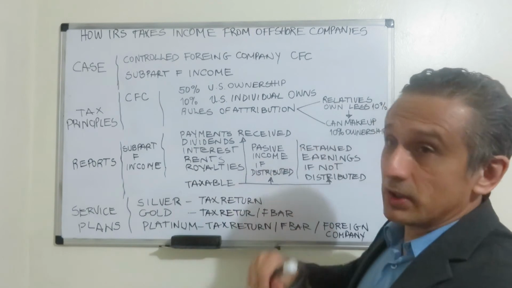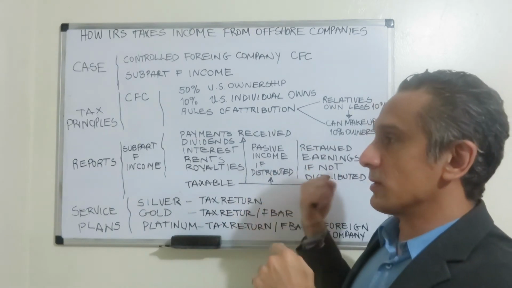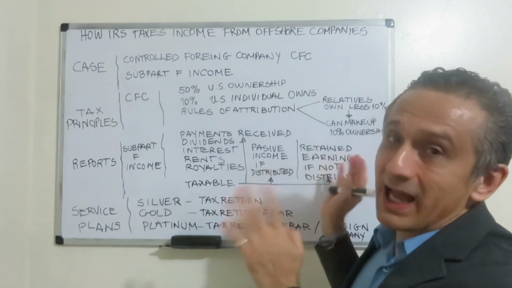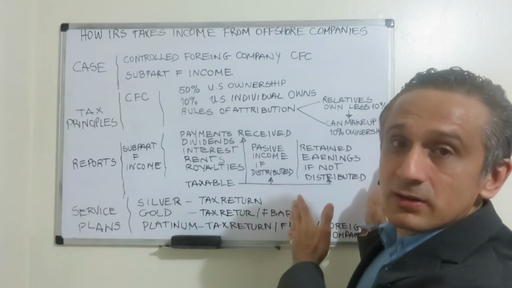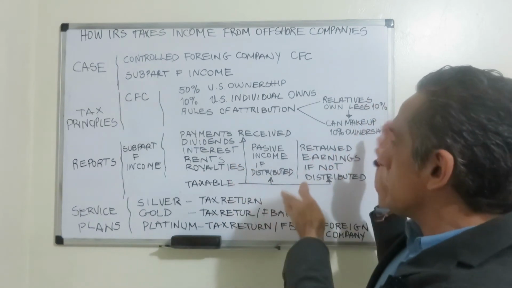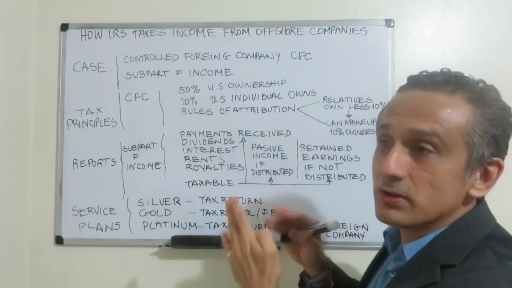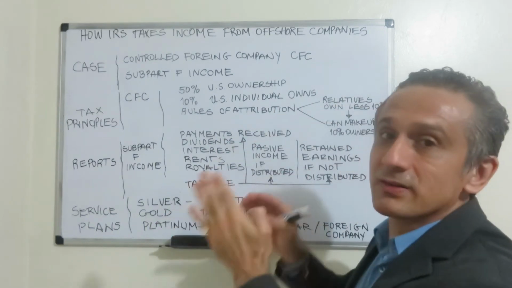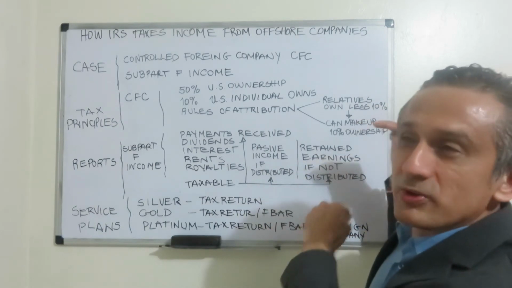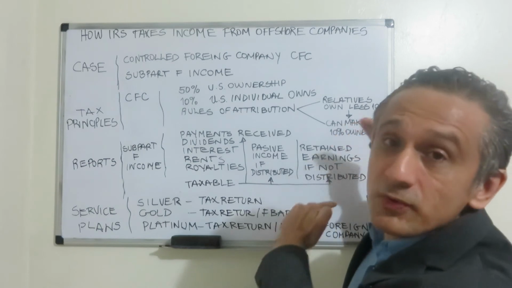In addition, the recent tax reform, the Trump tax reform, created two additional taxes. One is the retained earnings tax, meaning that any retained earnings that have not been distributed are deemed to be repatriated, and the repatriation tax is paid in percentages between 8 different payments.